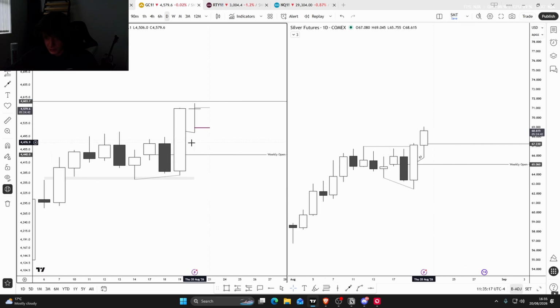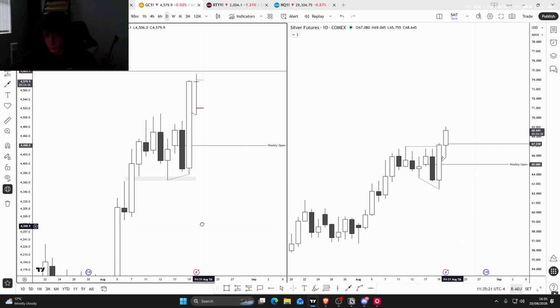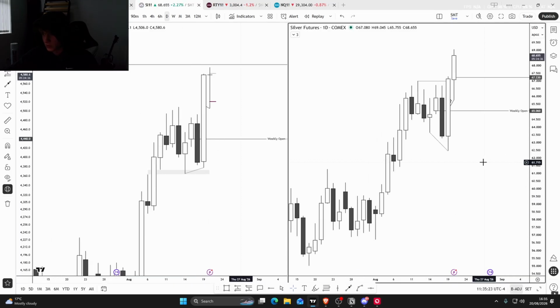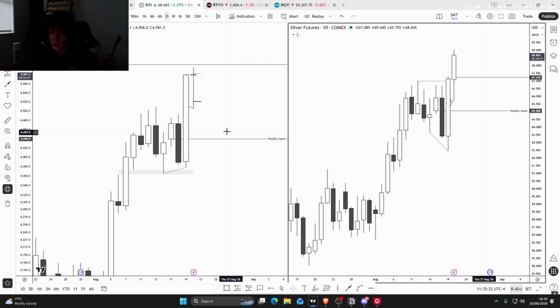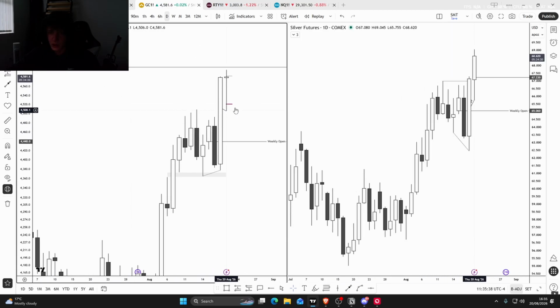On the daily, yesterday we had this strong bullish daily reversal candle, and we also put in the weekly low with an SMT. So the weekly opens, silver takes out this low, and we reverse from that. Gold fails to take the low, and we reverse from that. We expand, and then today, like I said, I was looking for a continuation.